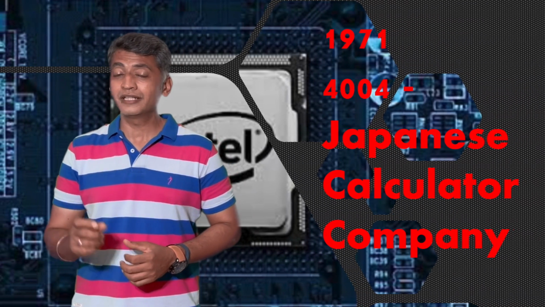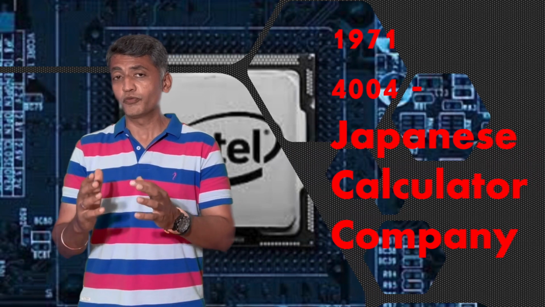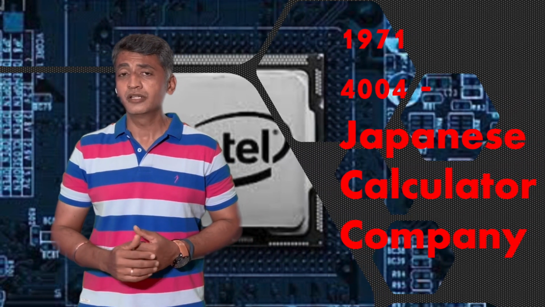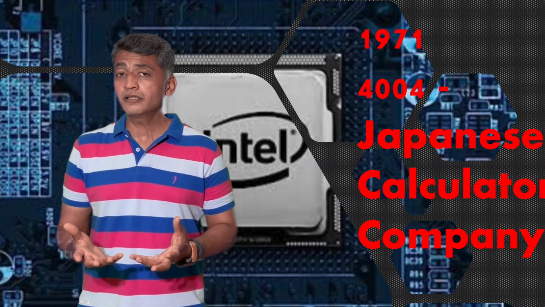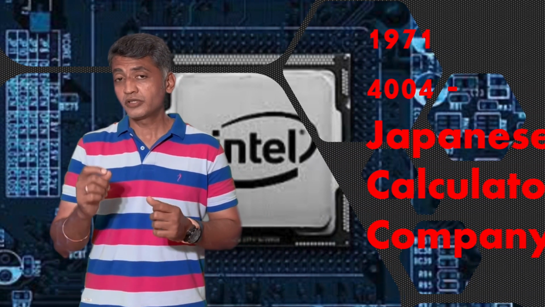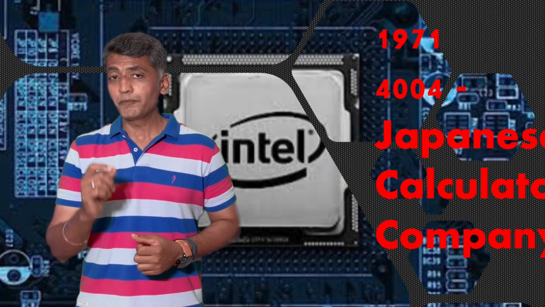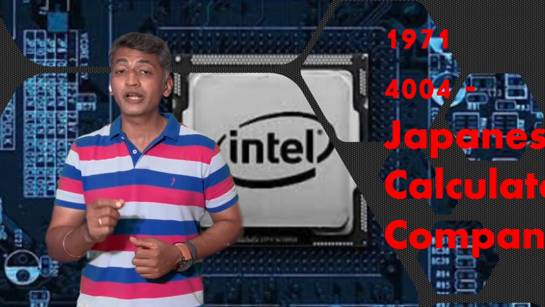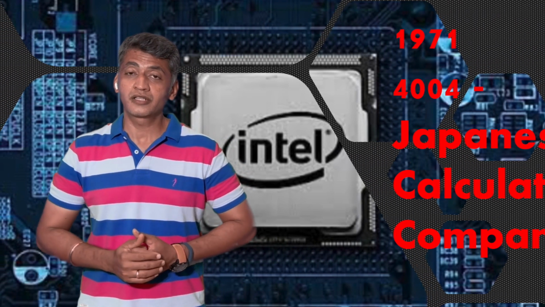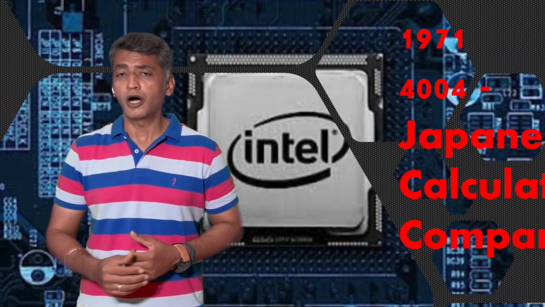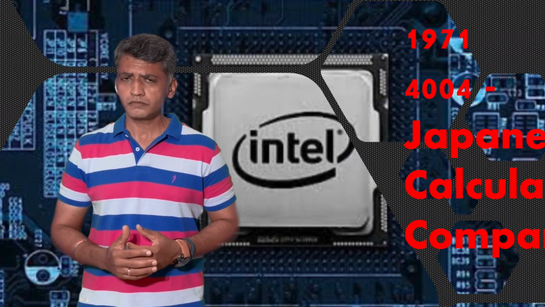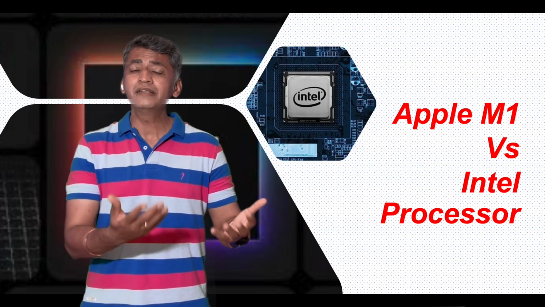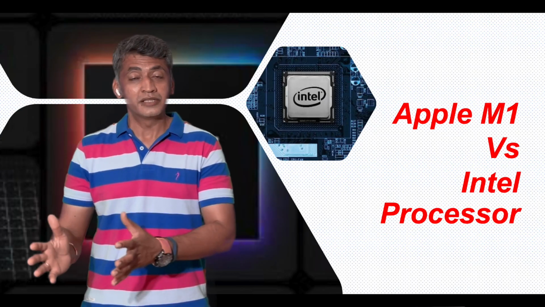The company was founded in 1968, but the first processor came into the picture in 1971. But they didn't manufacture that first processor. They bought it from a Japanese calculator company. The processor name is 4004. After that, Intel started making their own processors. This is all about when Apple and Intel started their journeys.